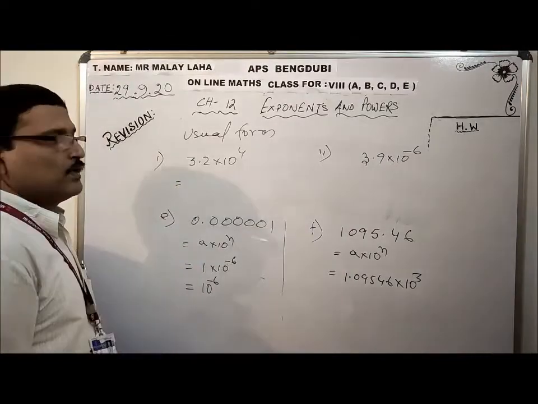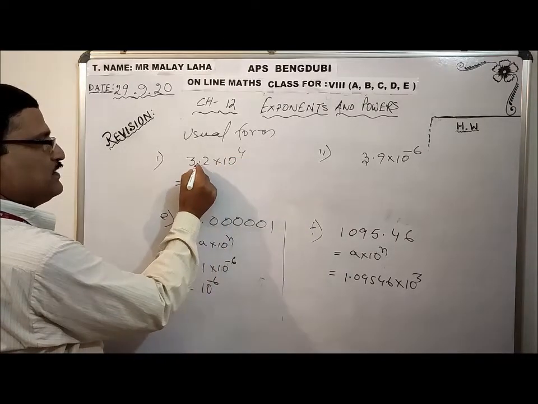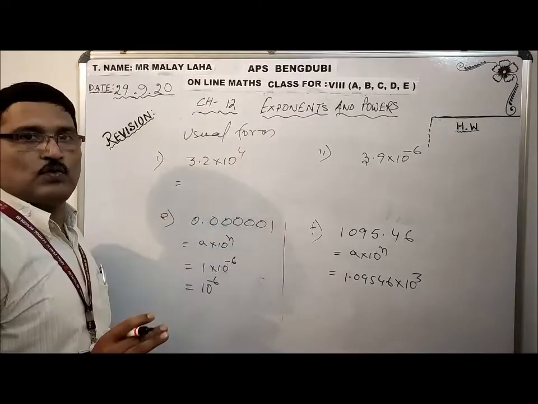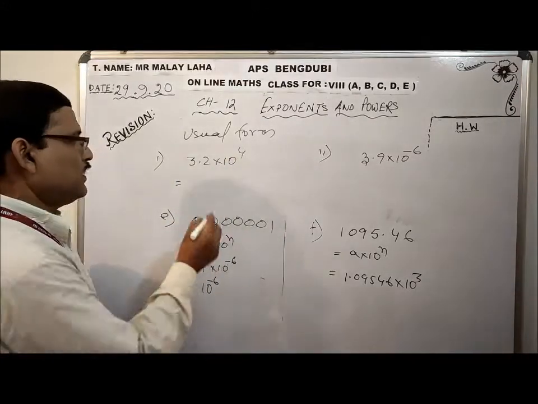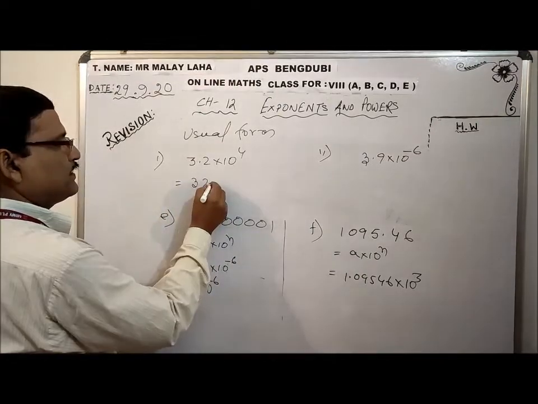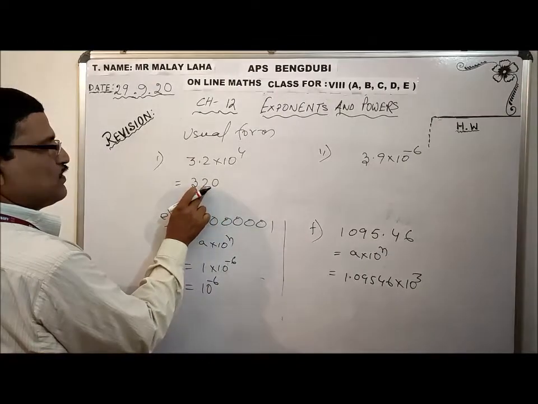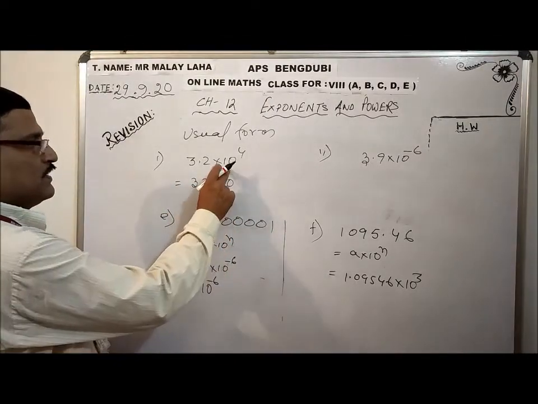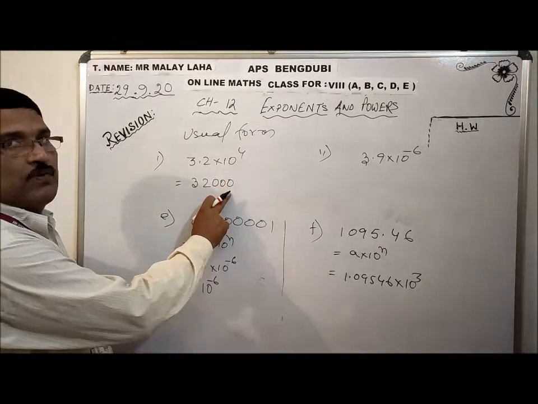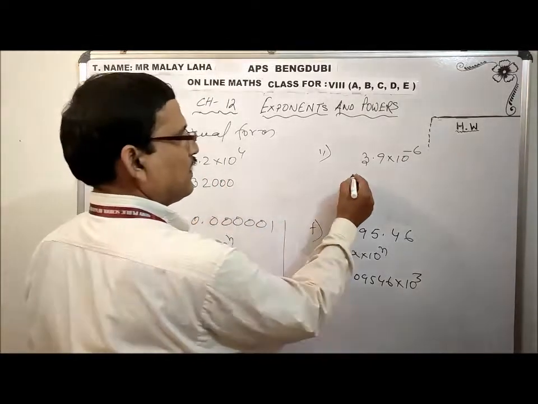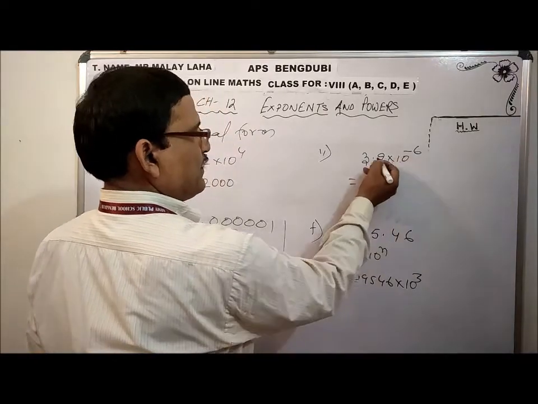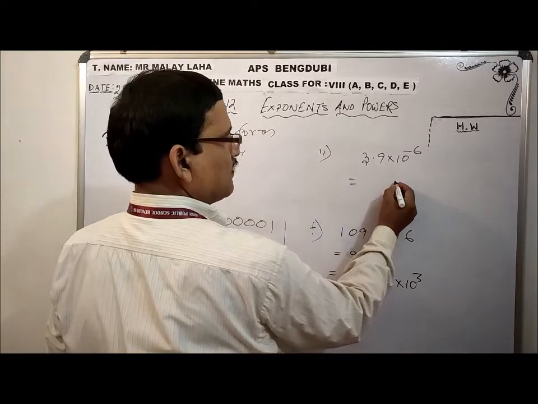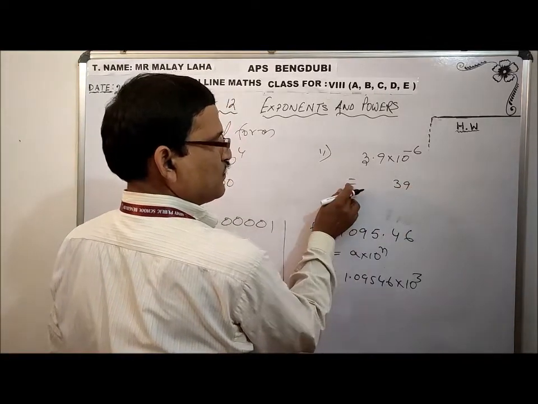The instruction is usual form. Since the power is positive, that means the decimal was here. How many digits? 4 digits. If there is no digit, you have to insert 0. So 3, 2, after that 1, you count this number also: 1, 2, 3, 4. So it was exponential form, now it is usual form, the normal number. Here, negative means the decimal was on this side. You have dragged this number, so that's why you will write here, a little away from the equal to sign.